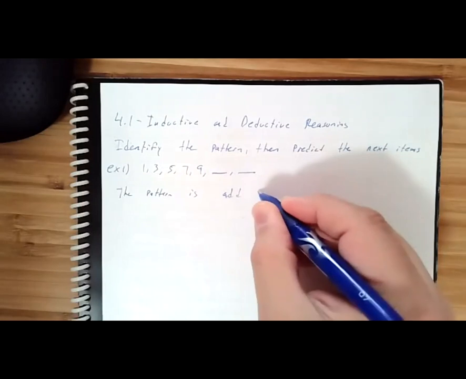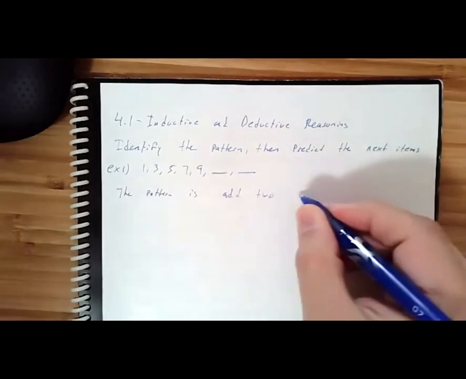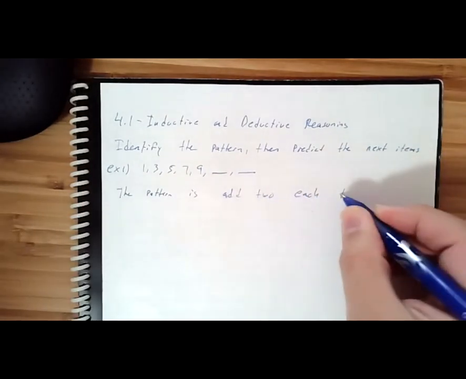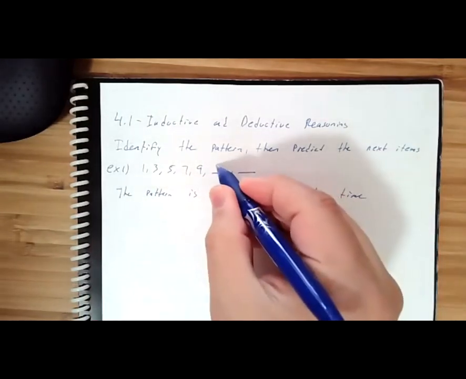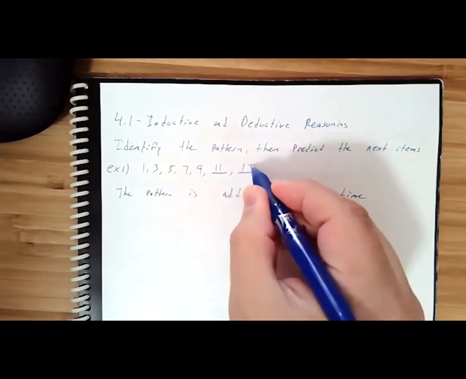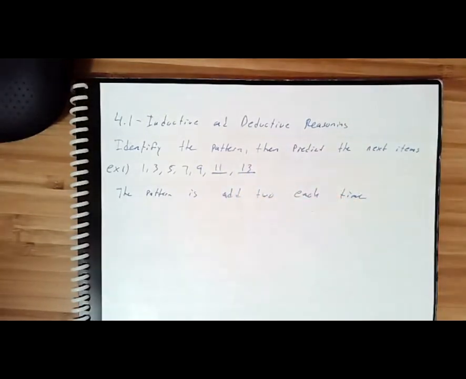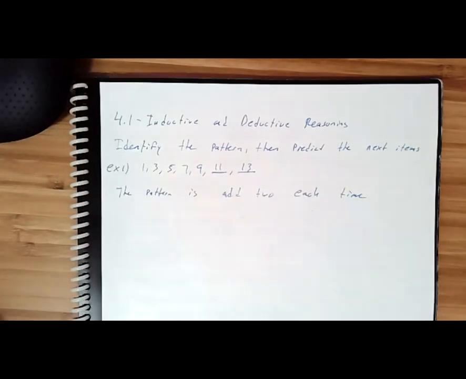So we're adding 2 each time. So the next ones should be 11 and 13. Right? Nothing crazy.